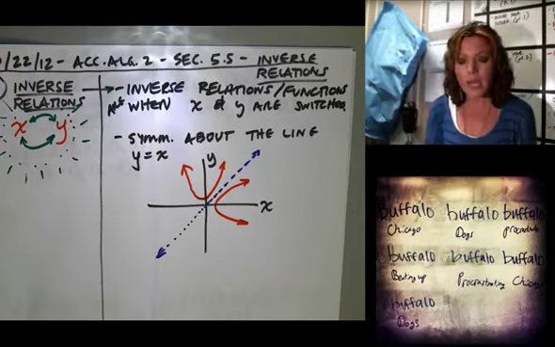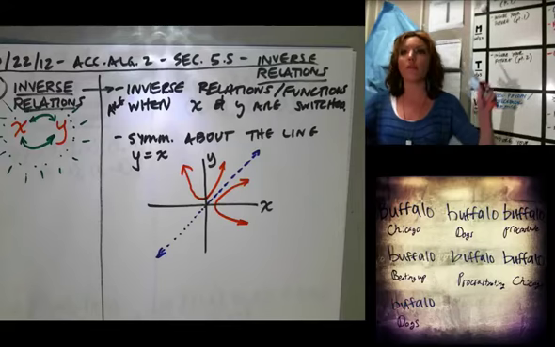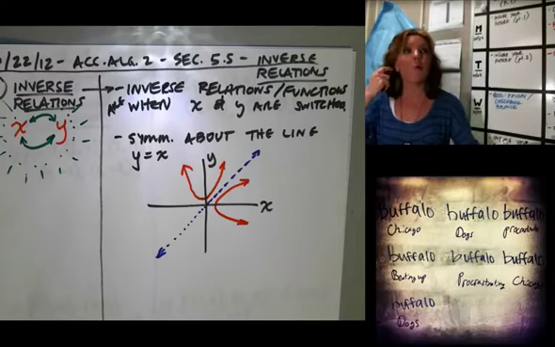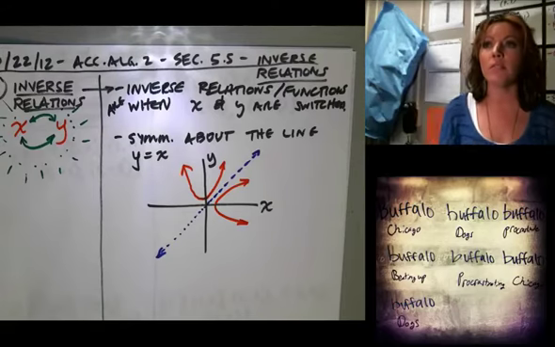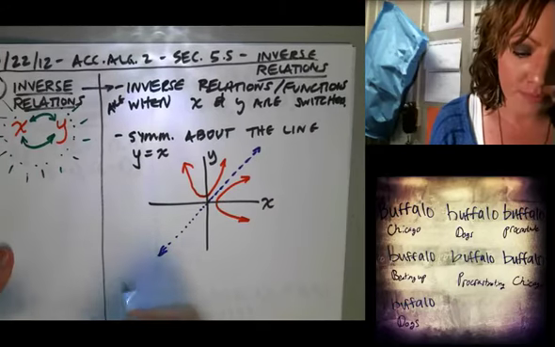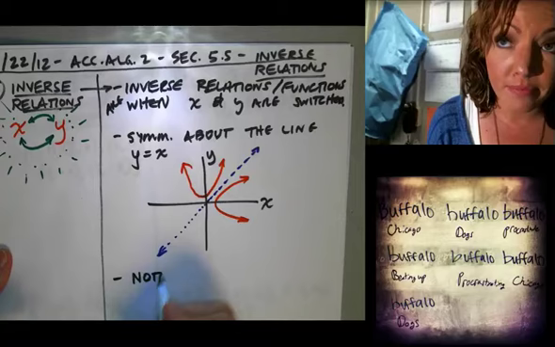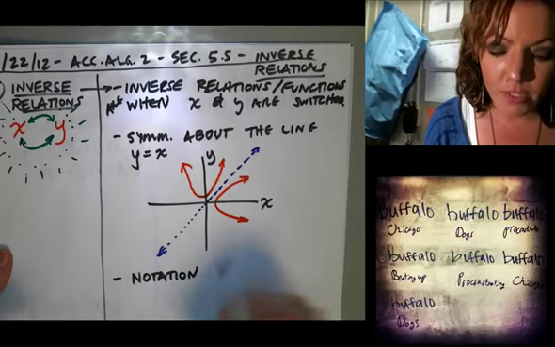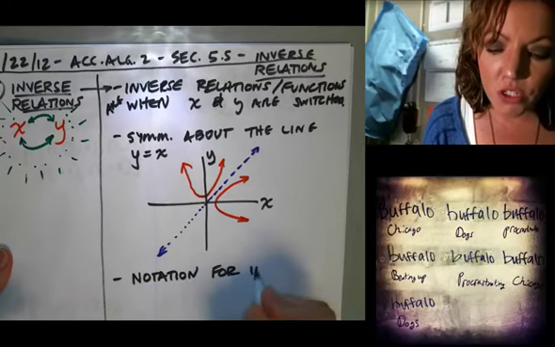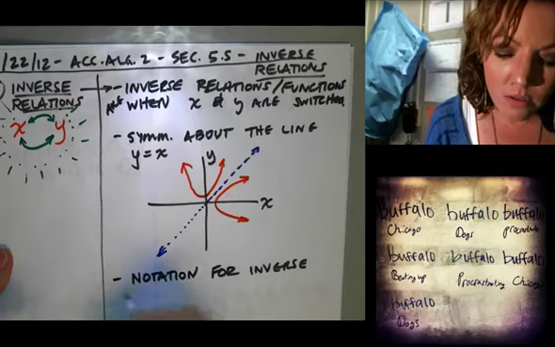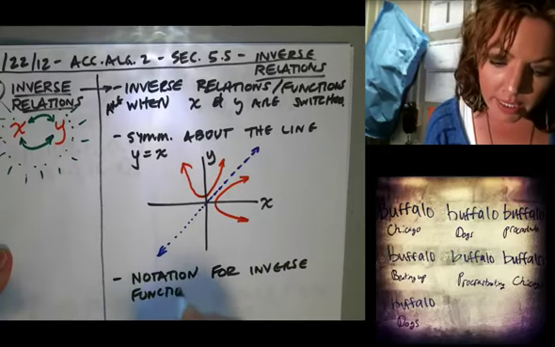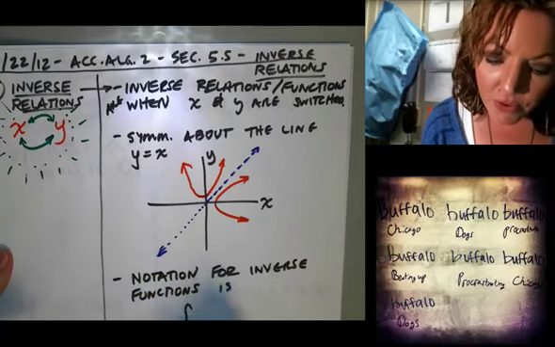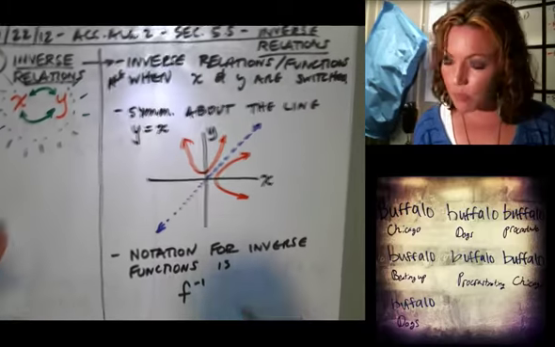The last piece that we want to focus on here is the way to denote inverse functions. Gentlemen, are you focusing? Okay. So the notation for inverse functions is f with a -1 as the exponent and x.